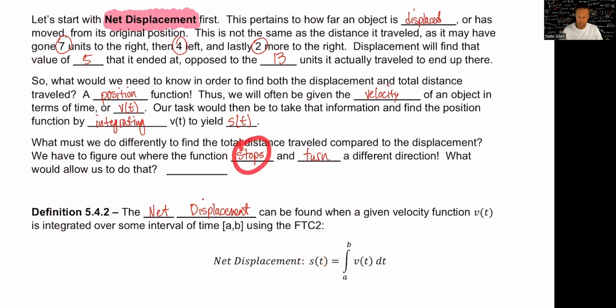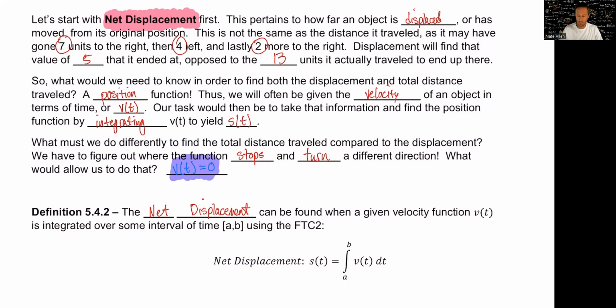But if it did stop and turn and started here, came back, went forward, like we talked about with this little scenario up here, how are we going to find where it stops and turns? If we are given our velocity, then we should know that that means where our velocity will be equal to 0.